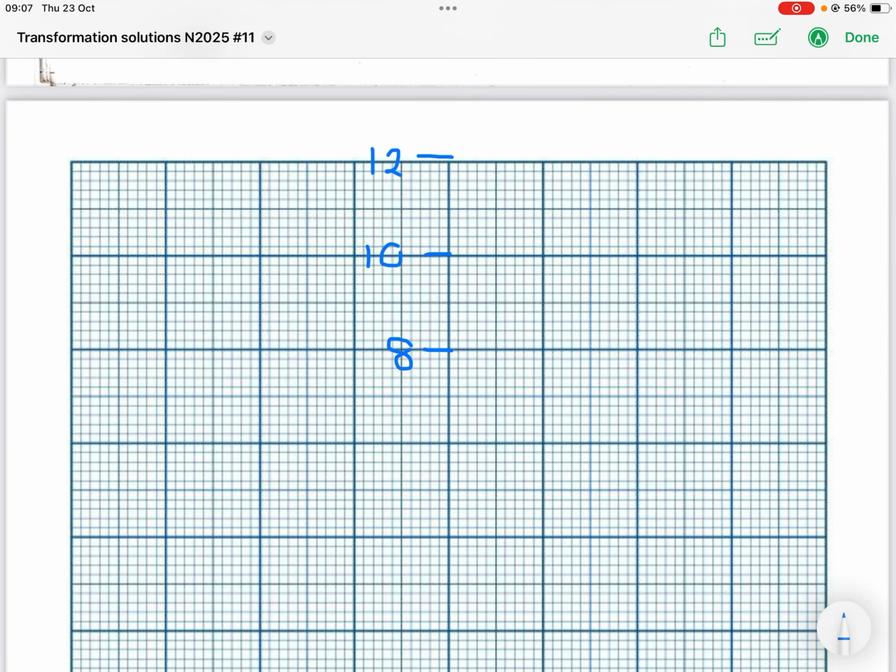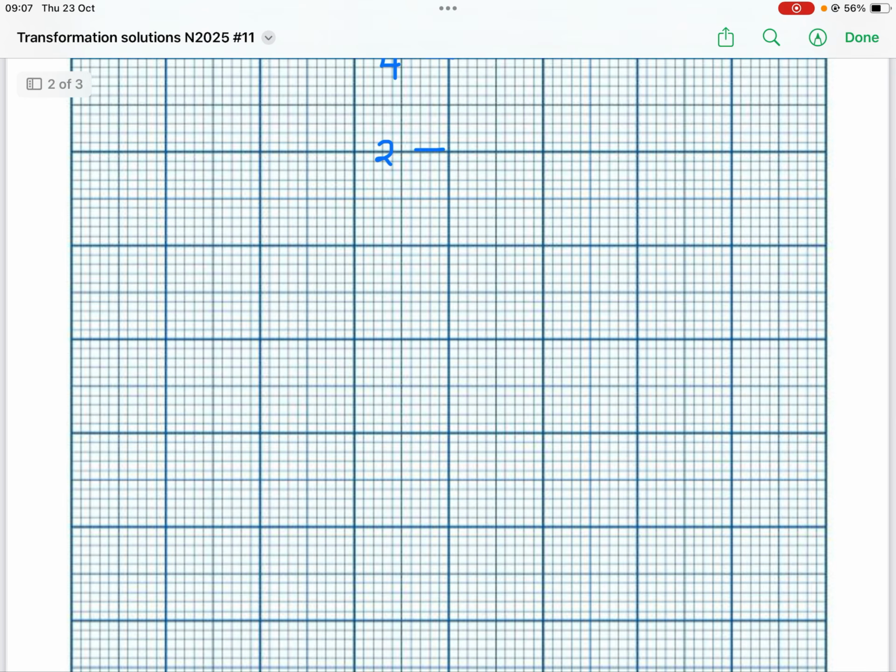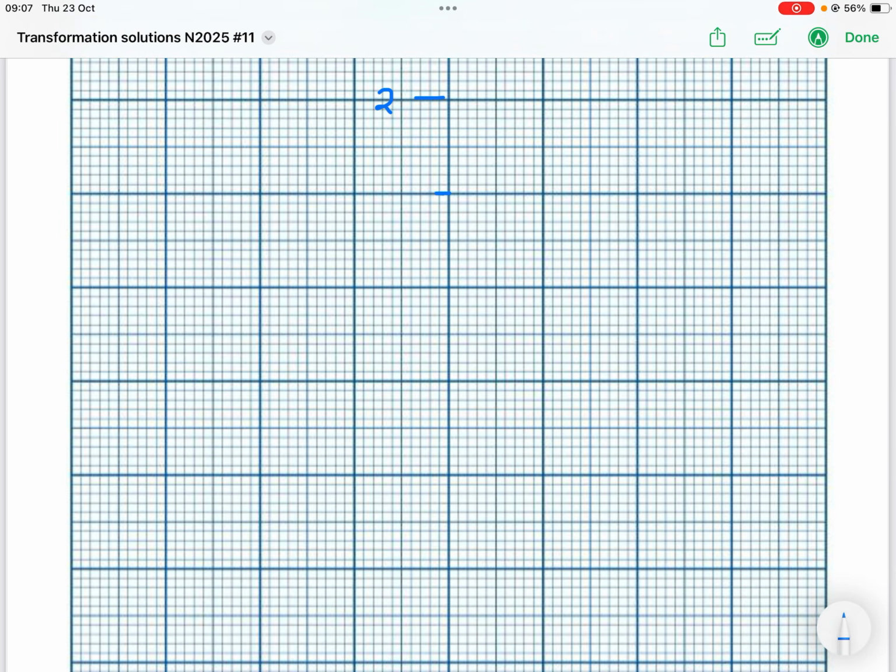This is our 8, 6, 4, 2, and then 0, -2, -4, -6, -8, -10. Then we move on to the x-axis.